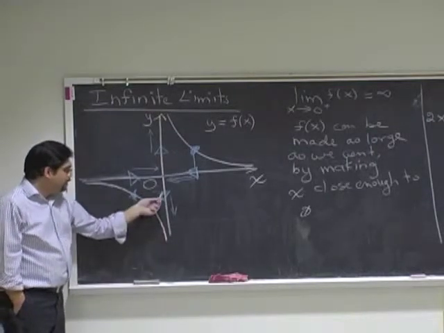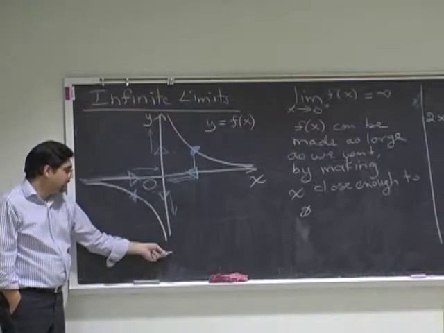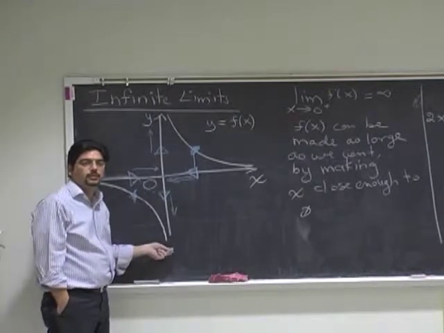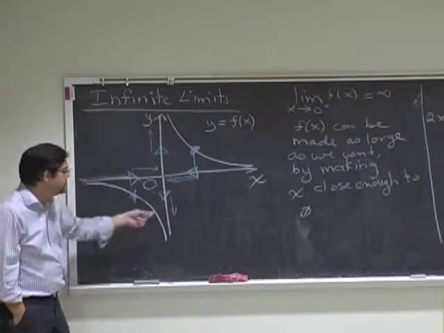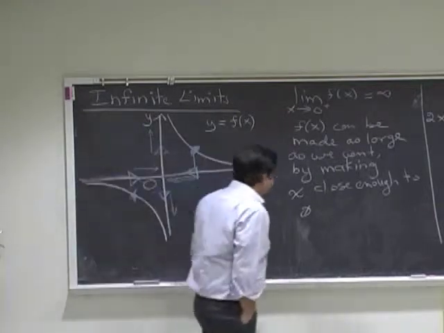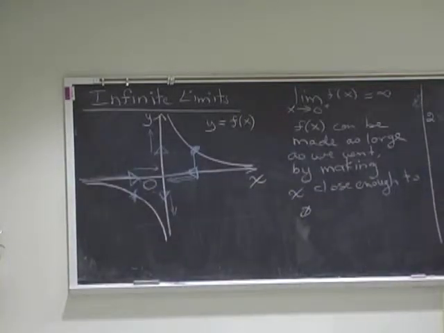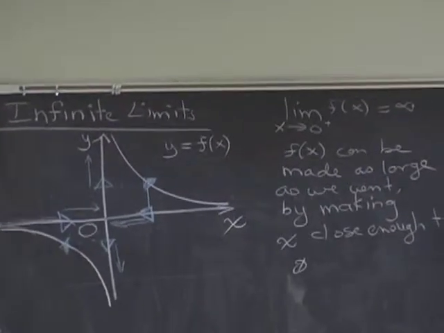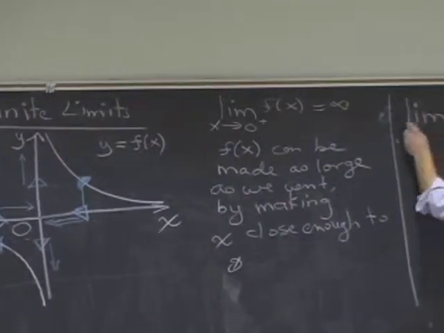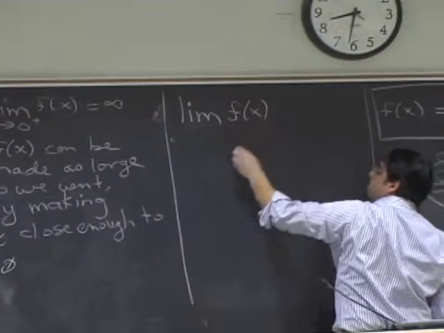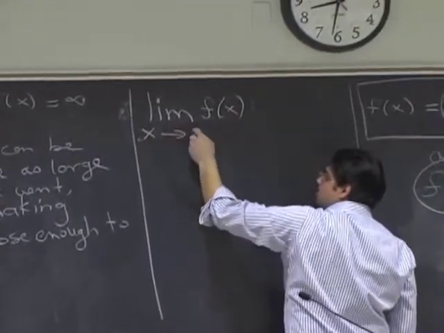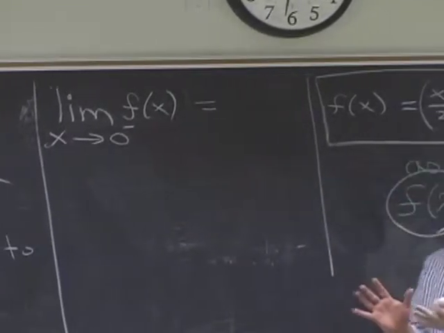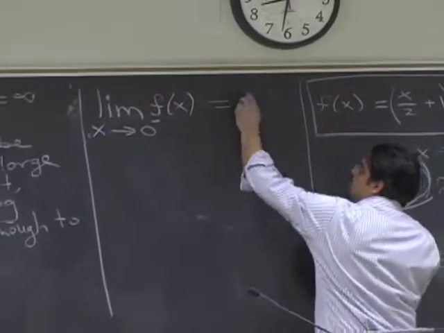Which means the y values can get as large as you want in the negative direction. Symbolically, that means the limit of f of x when x goes to 0 from the left is negative infinity.